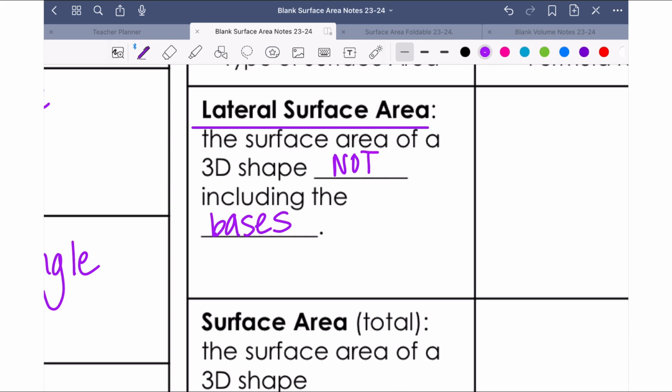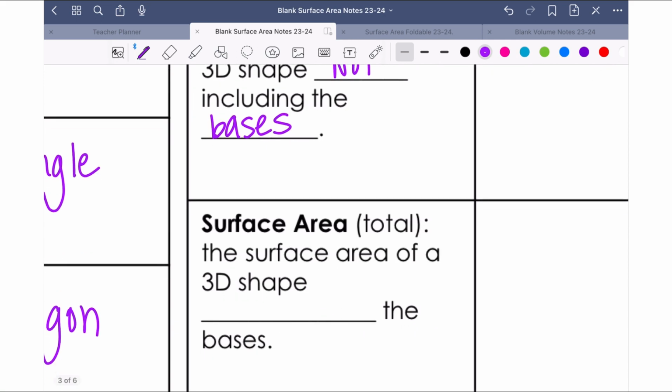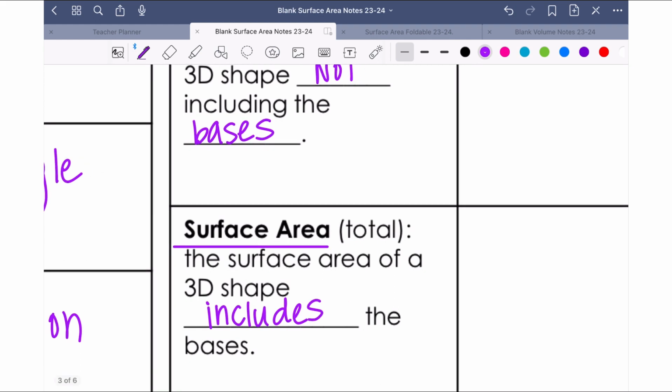So if you had a room, it would only be including the outside portions, not the top or the bottom. And that's what lateral surface area is. It does not include the bases. So think of the ceiling and the floor. And then the surface area, which is the total, it does include the bases. And so the formulas are different, but let's start with lateral.